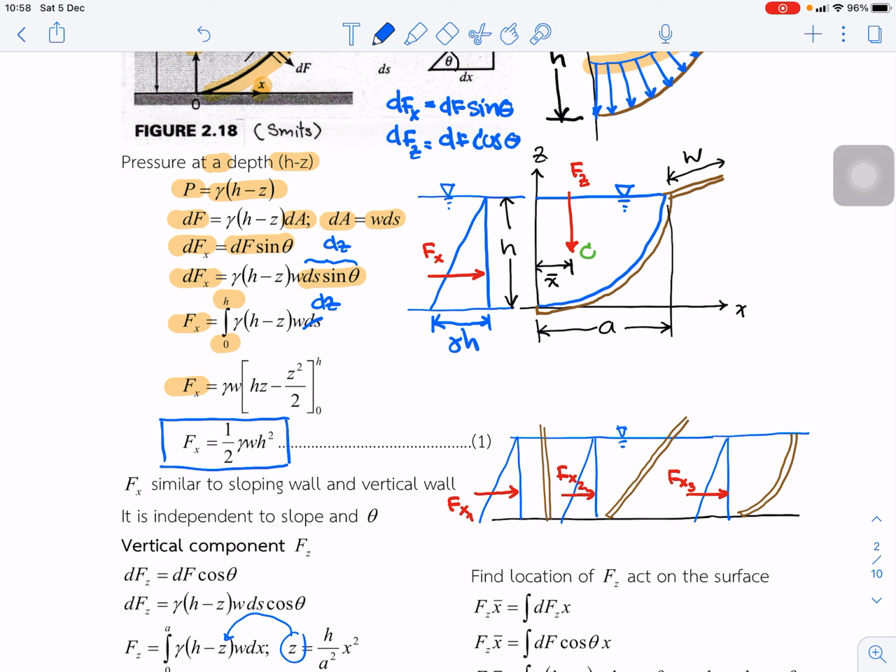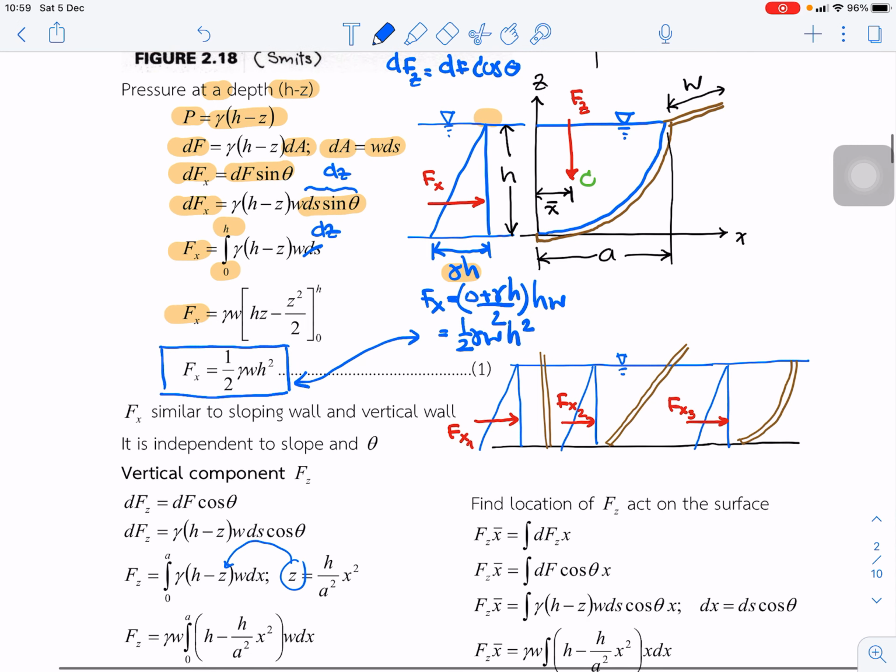Start from Fx equal to the average of the pressure at this point and this top point, divided by 2, and times the area, which is h times w, so it equals 1/2 gamma w h squared. So that is the same as this equation for Fx.